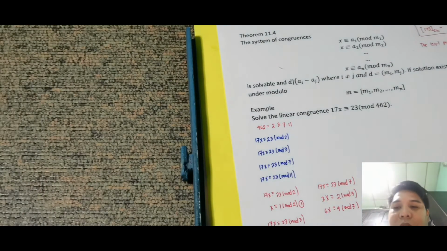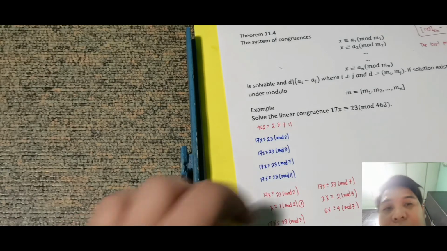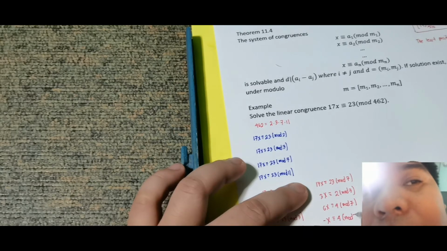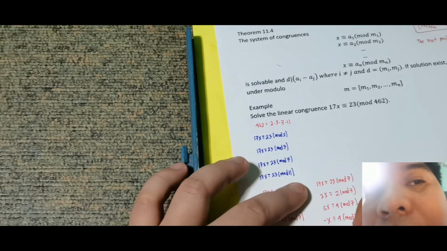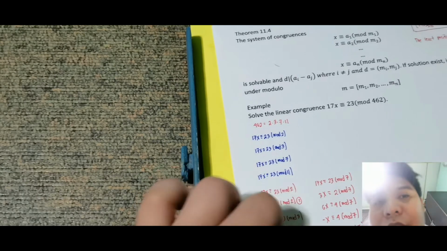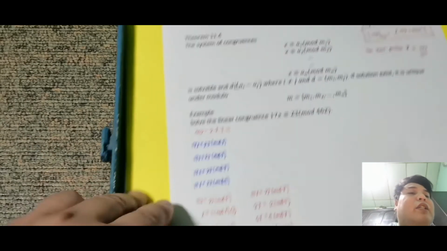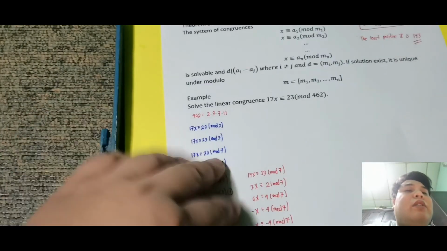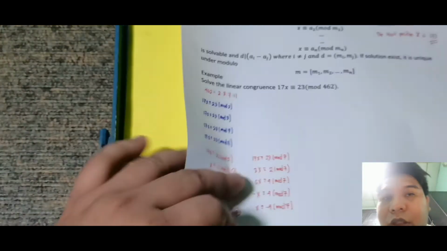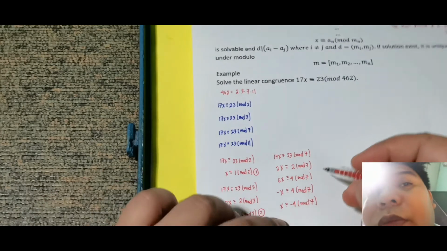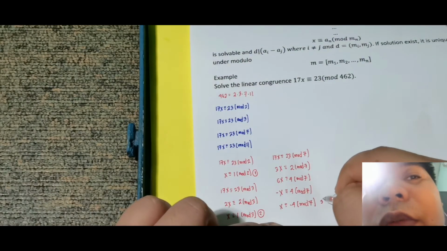Tapos kulang siya na isa. So this is negative x congruent kay 4 mod 7, or x congruent kay negative 4 mod 7. Ang lagi ko kasi pinapansin talaga right away yung nasa x. So I think this is equation number 3. So pwede na tong negative na to.